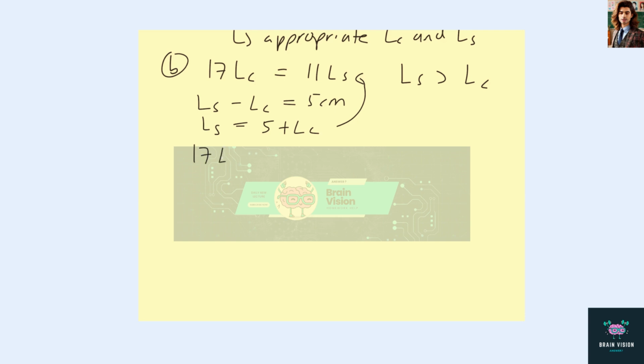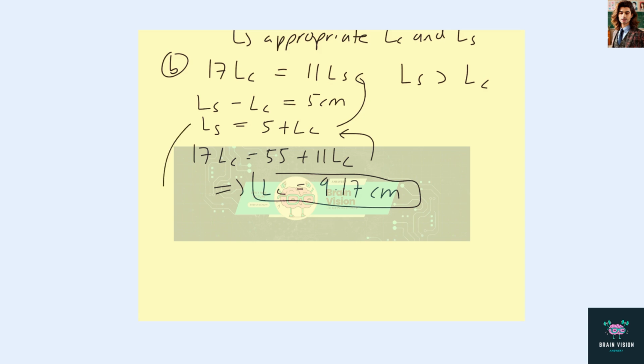So 17 LC is equal to 55 plus 11 LC. Solve that, LC is equal to 9.17 centimeters. And of course, if you look at the other equation for LS, you just add 5 to that, and you should see that LS is equal to 14.2 centimeters.